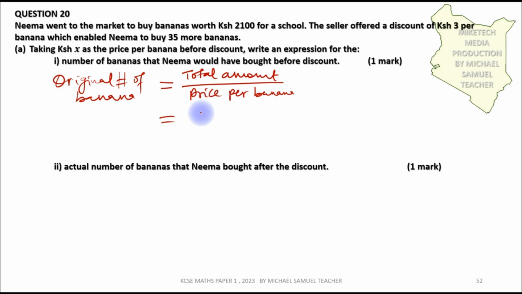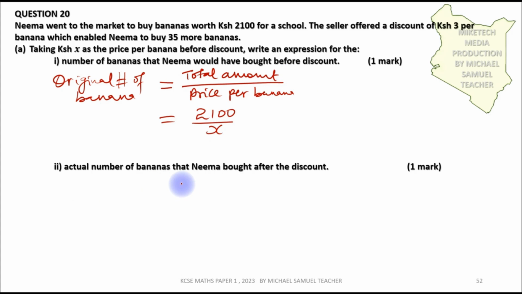The total amount was 2,100 shillings, and the price per banana before the discount was X shillings. So, that is the expression for the number of bananas before discount.